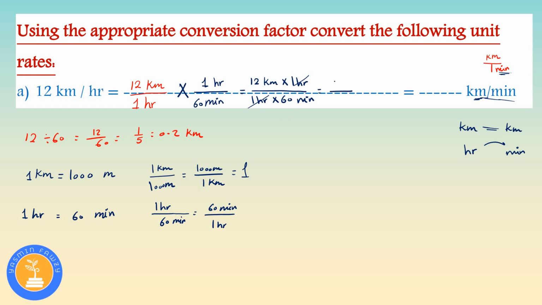I have 12 kilometer over 60 minutes. Are they the same units I want? Yes, they are the same units I want. So I will only deal with the numbers. 12 over 60, divide up and down by 12. It will be 1 over 5, which equals 0.2.